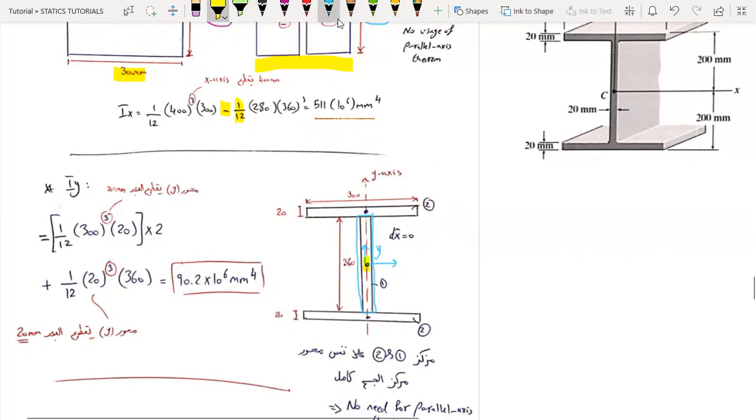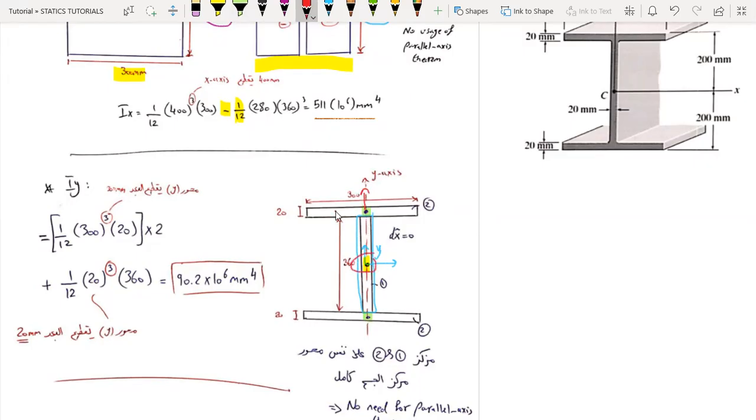Now regarding the other two segments, here is the centroid, correct, and here is the centroid. What is the distance between the centroid of this small segment and the centroid of the whole shape? It is 0, correct?